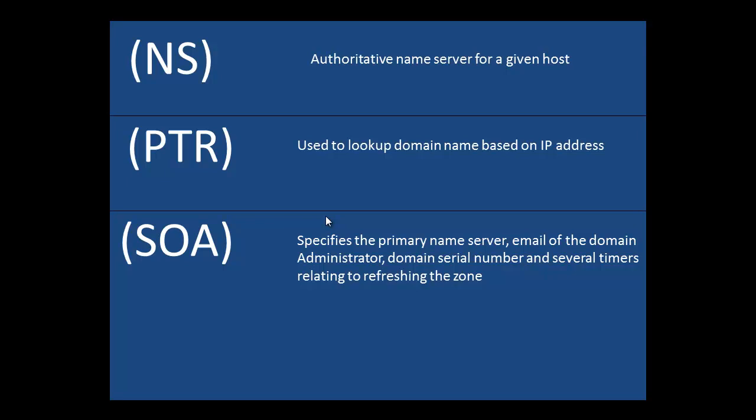So whichever server is the primary name server for that domain, or whatever other zones you have, the start of authority record will have the primary name server, the email of the domain administrator, the domain serial number, and several other counters that deal with refreshing the zone.